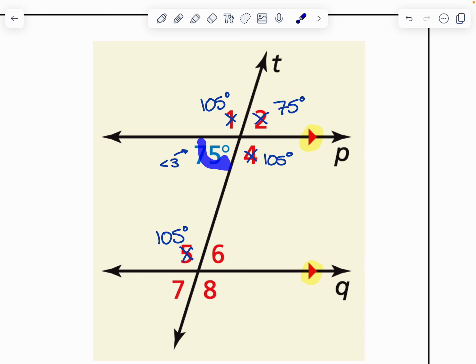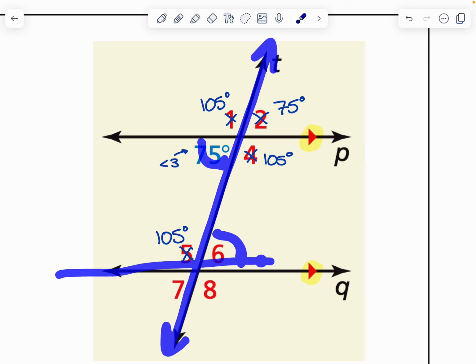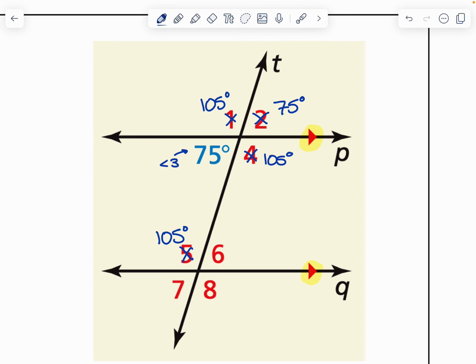Angle 3 was 75. Angle 6, well, that's on opposite sides or alternate sides. They're both interior. So that tells me that angle 6 has to be 75 degrees because we have alternate interior angles.